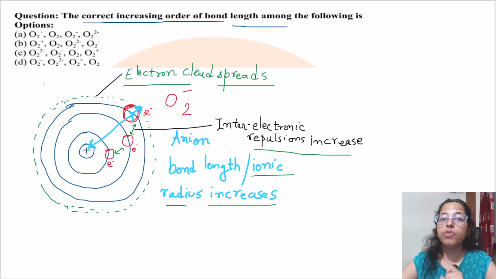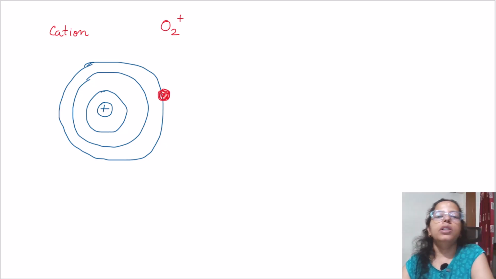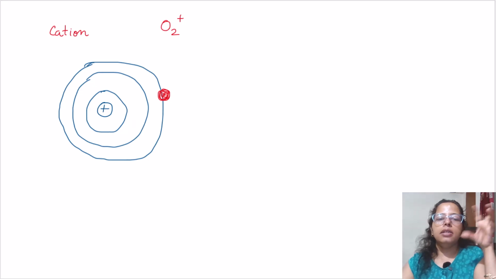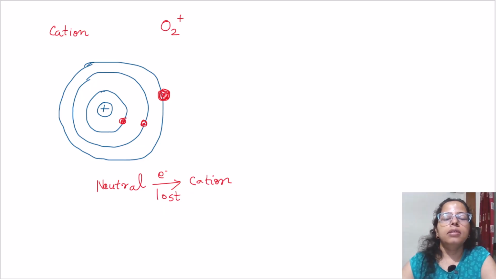Now what happens in case of a cation? Let's say in the neutral form, the particular oxygen molecule has this number of shells. And what happens in case of a cation? When the neutral form changes to a cation, then an electron is lost. That means you can say that this entire shell is gone.